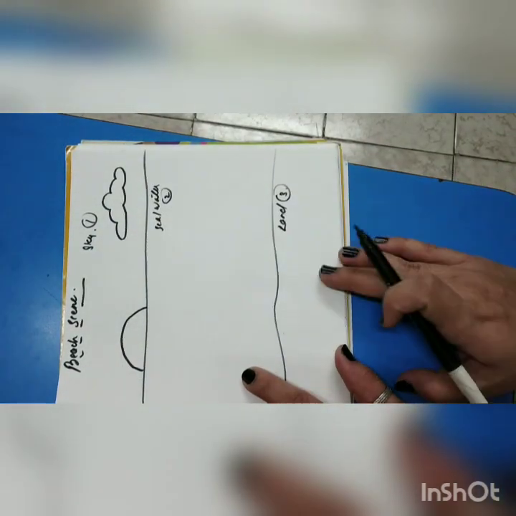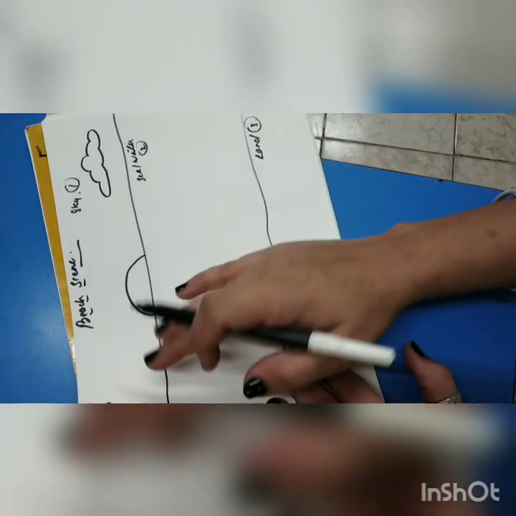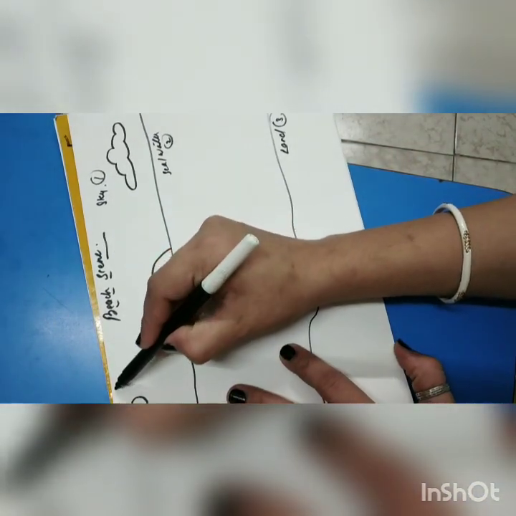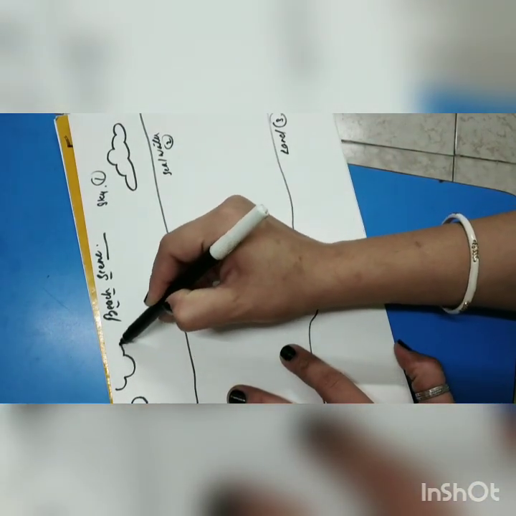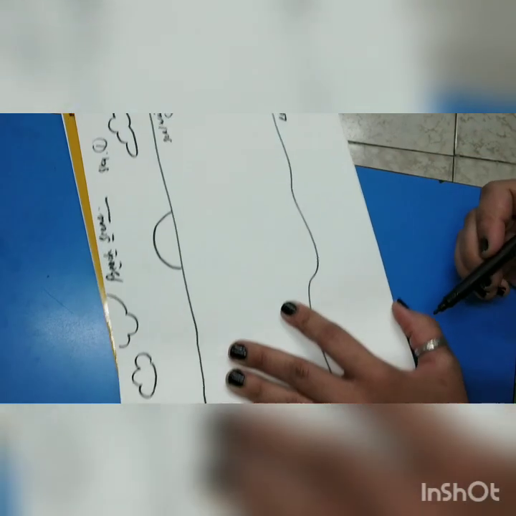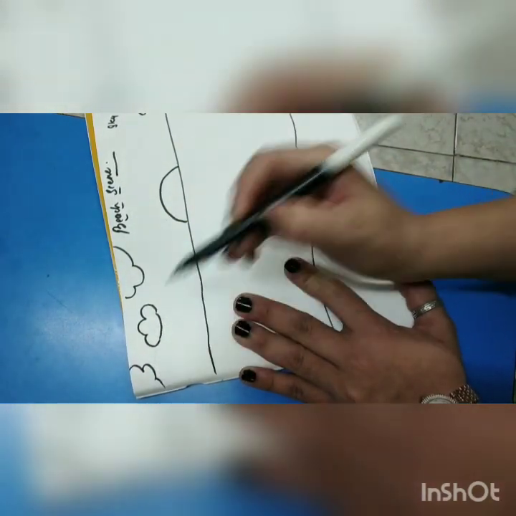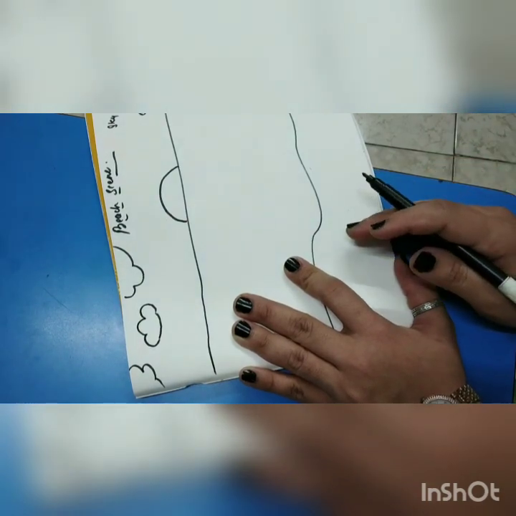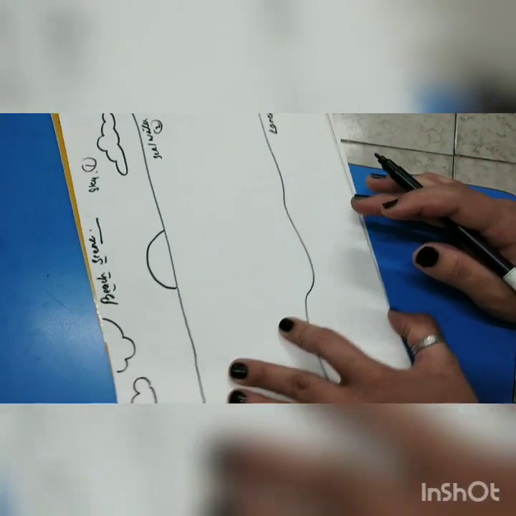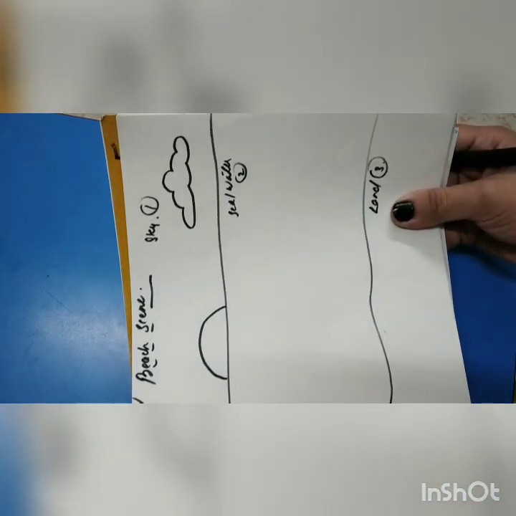If you find it hard, we have one cloud like this also. Okay? You can make the clouds this way. So this is how you can make your clouds. Draw the clouds and the sun.